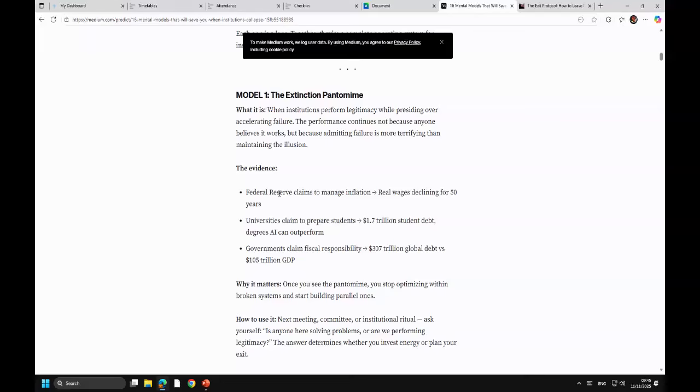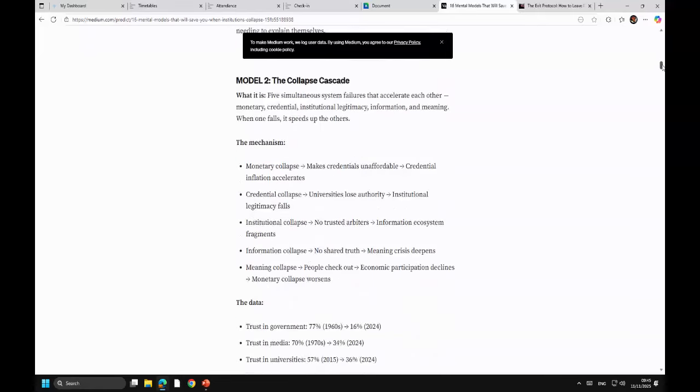You need to put your own worth and adaptability and own skill set on top of your degree. Otherwise, your degree is not enough. So the collapse cascade: monetary collapse, credential collapse, institutional collapse, all these collapses.